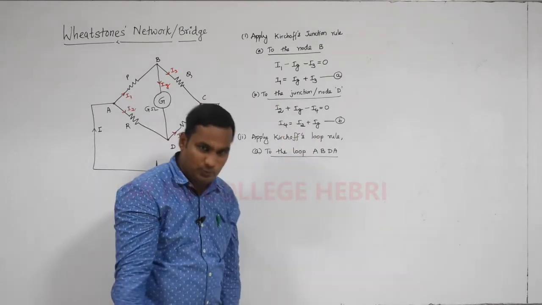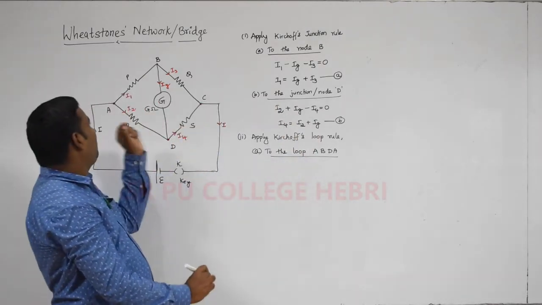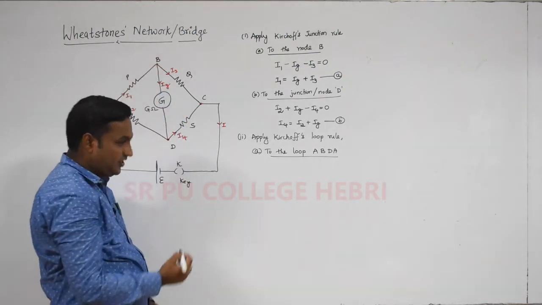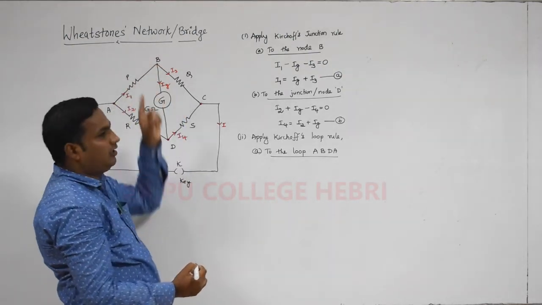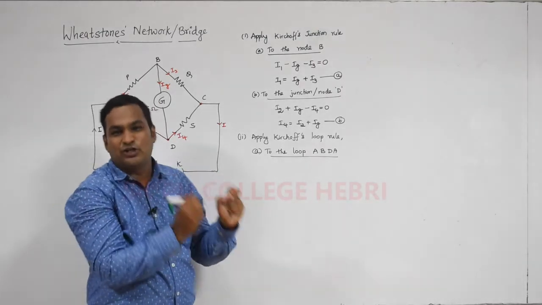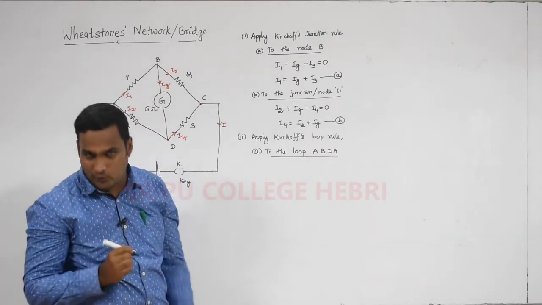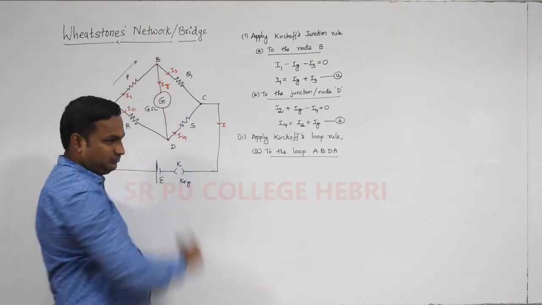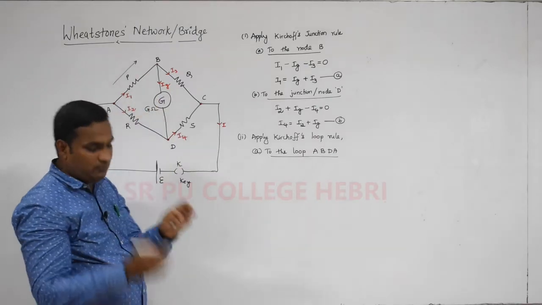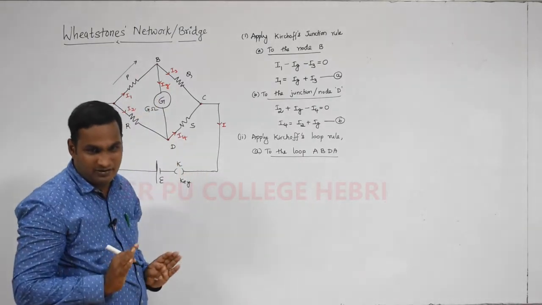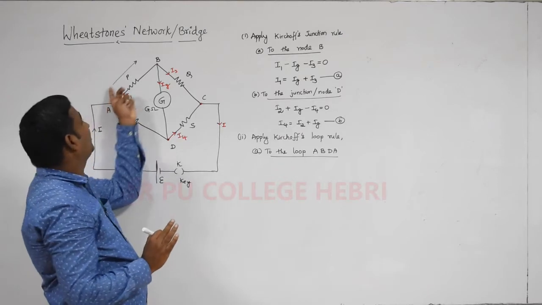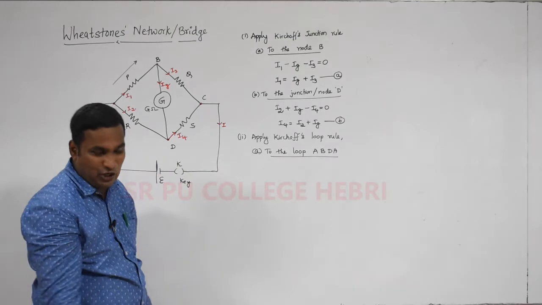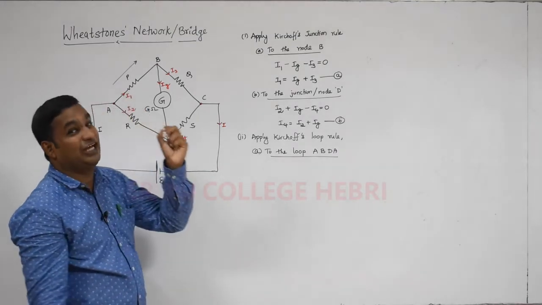Also called Kirchhoff's loop rule. First you have to move from A to B. This one is the direction of movement. If I move from A to B, I clearly said in Kirchhoff's loop rule itself in a sign convention, if my direction of movement or path and direction of current both are in the same way, then you have to take negative.